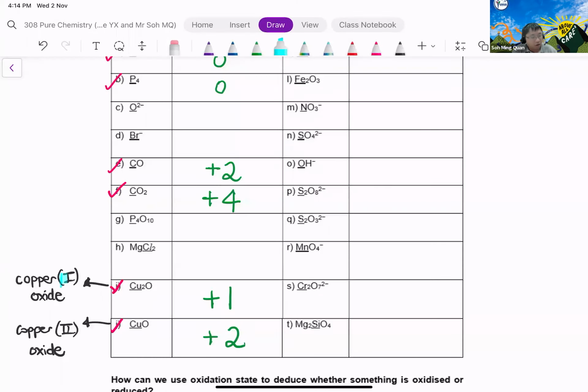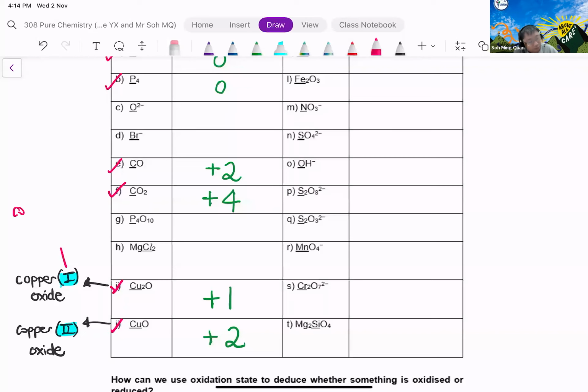For copper, we taught you that you need to write the Roman numeral: copper 2 sulfate, copper 2 nitrate, copper 2 chloride, copper 2 carbonate. Why is it so important? It is because transition metals like copper, which are metals in the center of the periodic table, can form compounds with variable oxidation states.